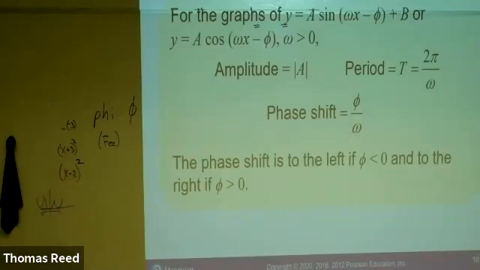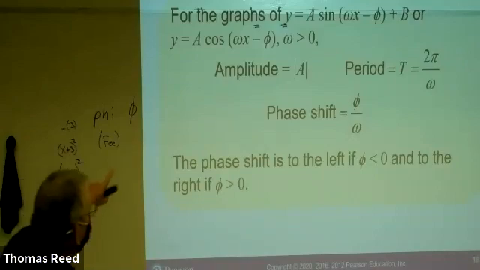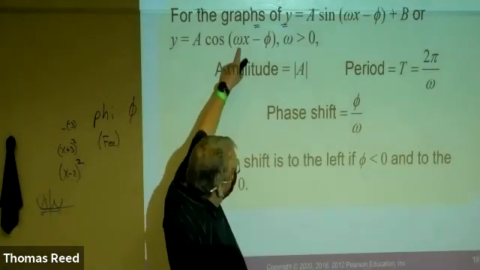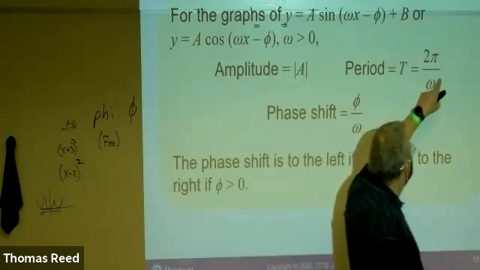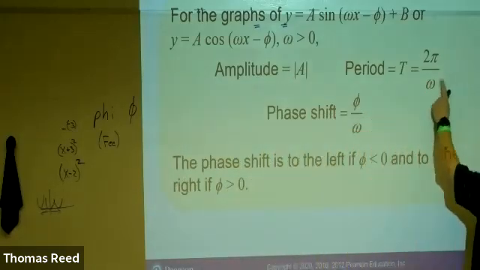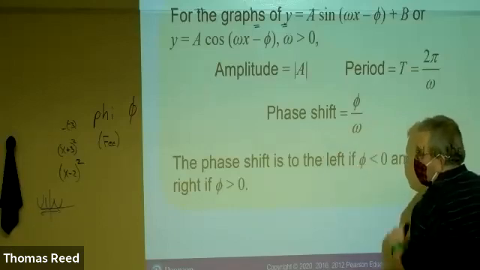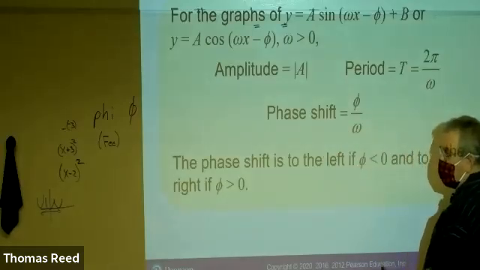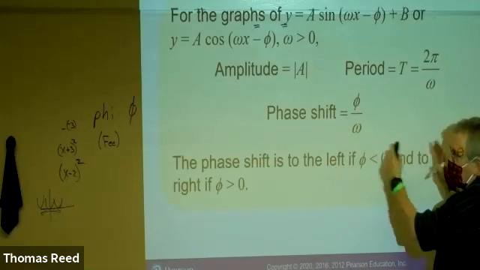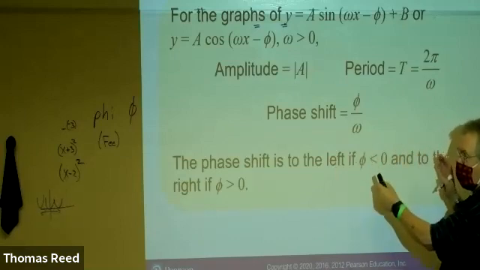So that's how it comes up. So you have the amplitude, which is the absolute value of A. You have omega, which helps you determine the period. And you have phi, along with omega, helps you determine the phase shift. So the phase shift is just the horizontal shift.